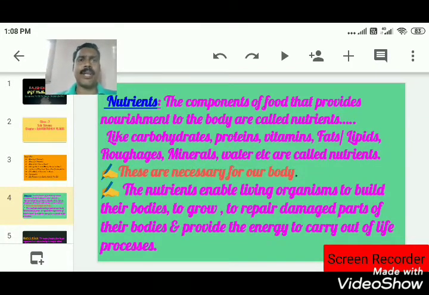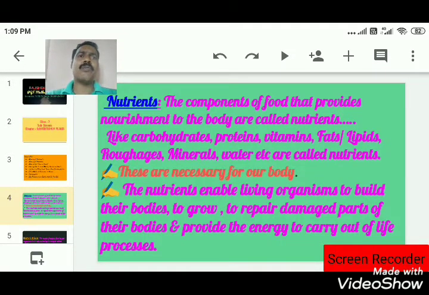Whatever scratches or damage happens in our body should be recovered by taking food nutrients, the constituents of food. They repair damaged parts of their bodies and provide the energy to carry out life processes. This is about nutrients. Nutrients are nothing but components of food that provide nourishment to the body.